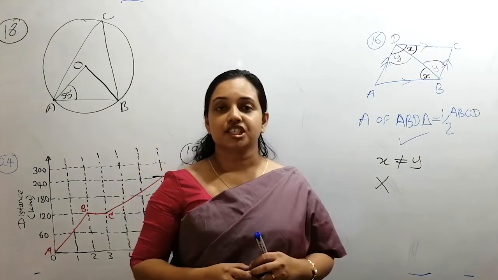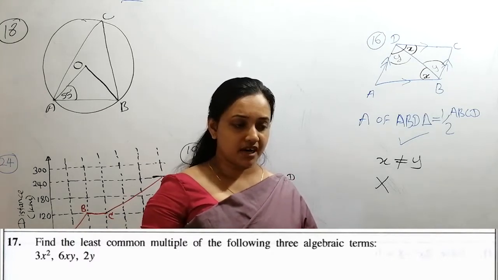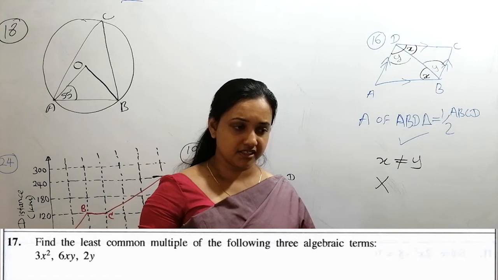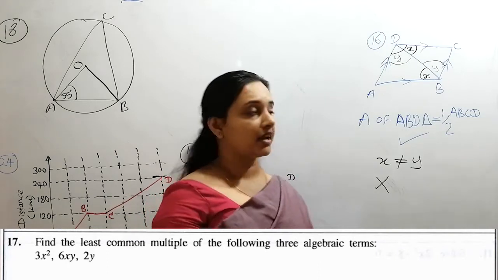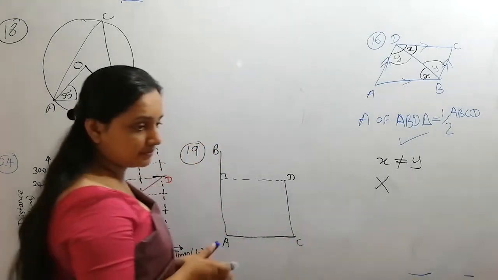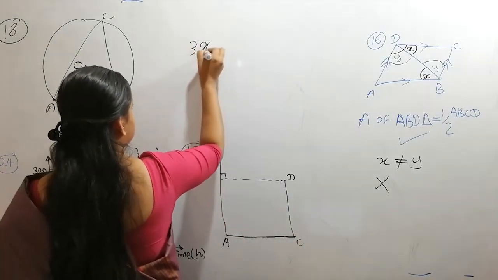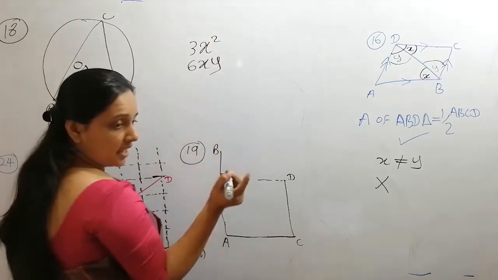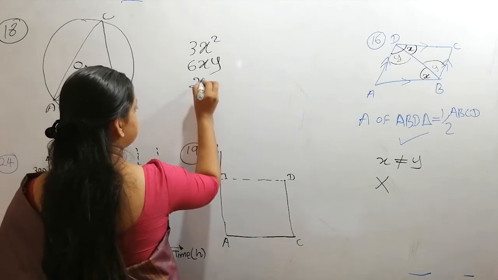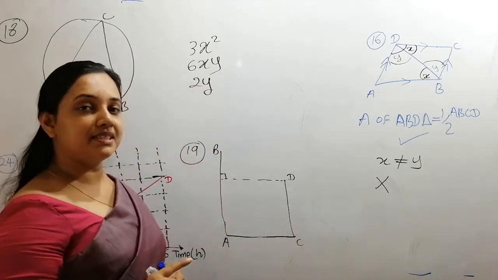Then look at question number 17. Find the least common multiple of the following three algebraic terms: 3x squared, 6xy and 2y. How can we find the least common multiple?